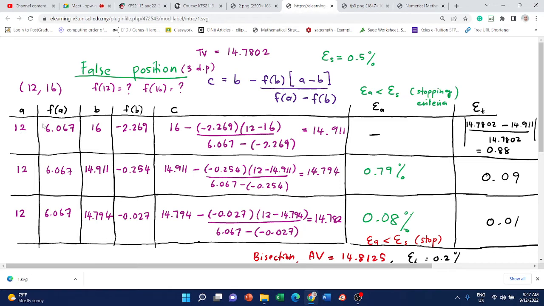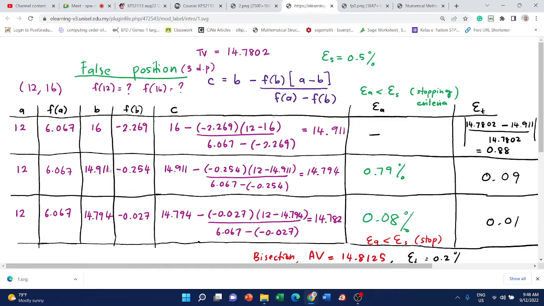We are going to take 12 and then 14.911. So we sort from smallest to largest. For the second row, you still need to find the new output value when your input is 12 and when your input is 14.911. For input 12 you can get the previous information because we have computed it before. So F12 will be 6.067.